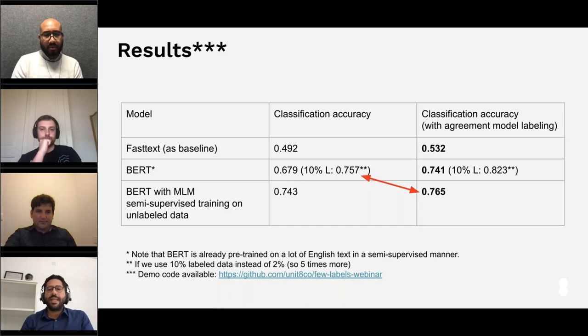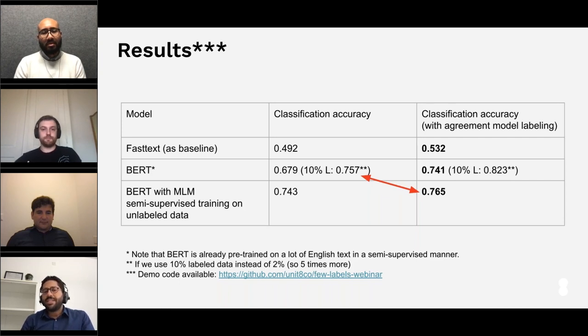So it already has a good classification accuracy of about 67% on this 2% of data. And if you now also attach this agreement model and loop over to add to your label set, you go to about 74%. You can also pre-train your BERT with MLM on the unlabeled data you have to improve the accuracy. So this you would get about 74% classification accuracy. But again, if you add this agreement model to your training setup, you go to 76.5%. So in all cases, it would help to use this agreement model to add to your label set.